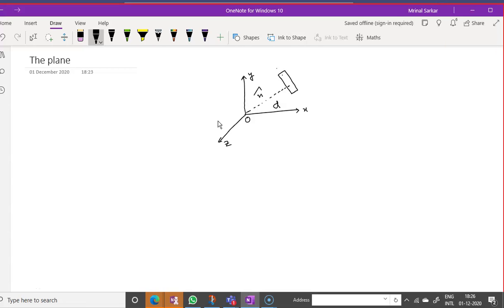like any other object in 2D or 3D, we will take a variable point on it.